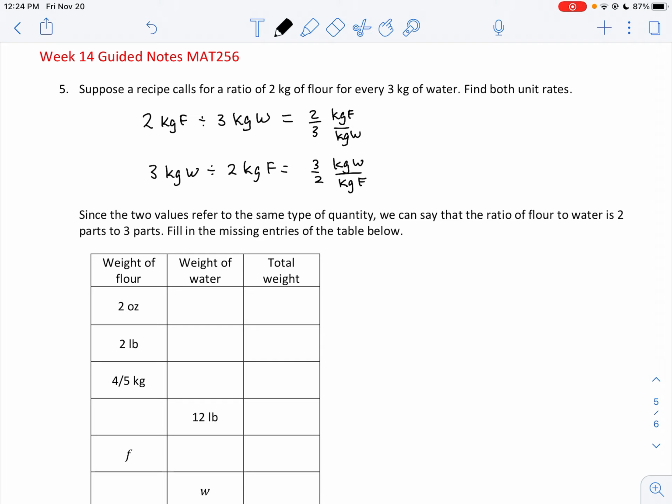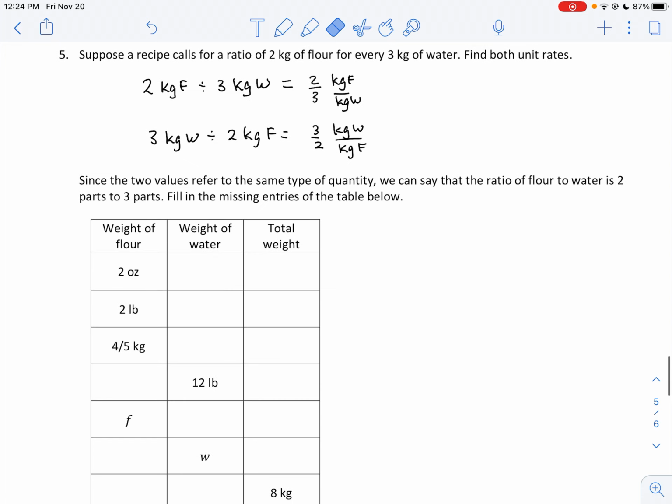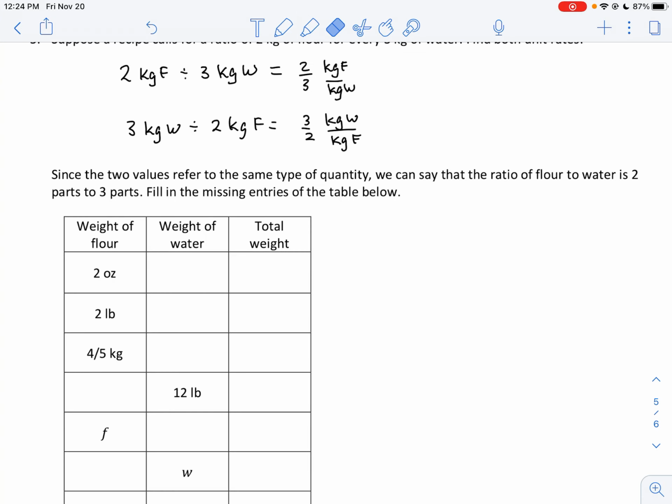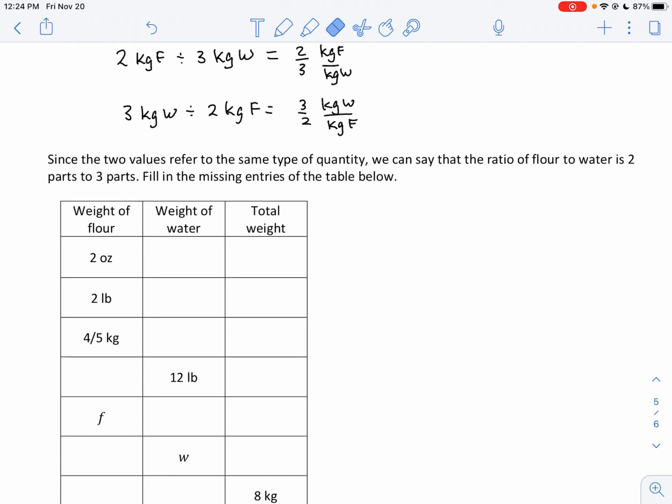Same type of quantity. They're both kilograms. Yes, one's of water, the other's of flour, but they're both parts. We're going to use this way of thinking to fill in the missing entries of the table below.